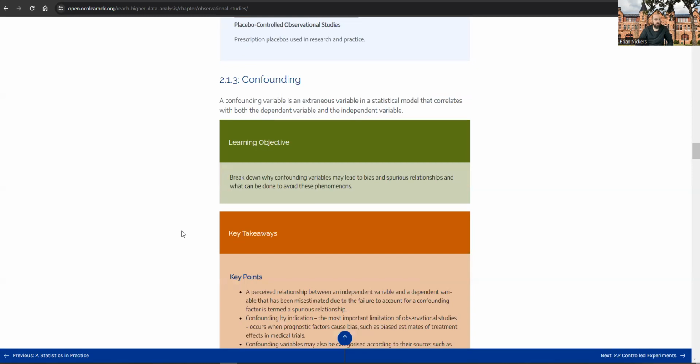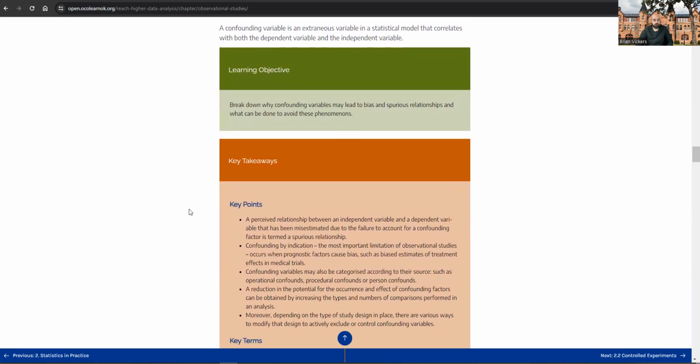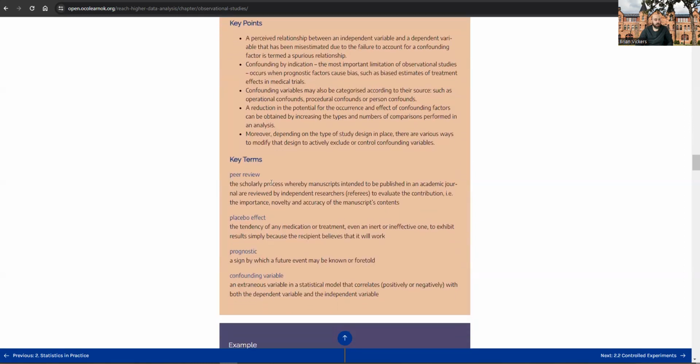Sometimes there are variables that exist, and it's up to you to find them or eliminate them, where something is creating a bias in the outcome. Something else unknown, or data you didn't account for, is influencing the dependent and independent variables, which is why this first term exists, which is peer review.